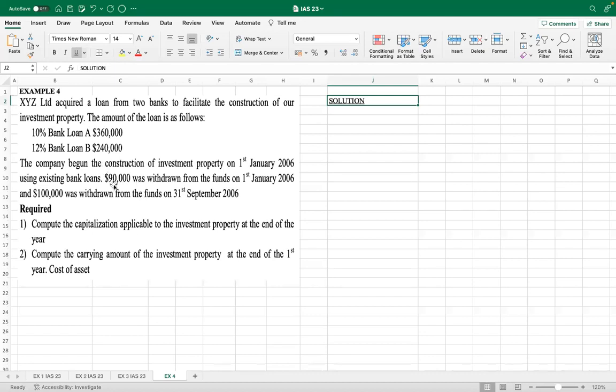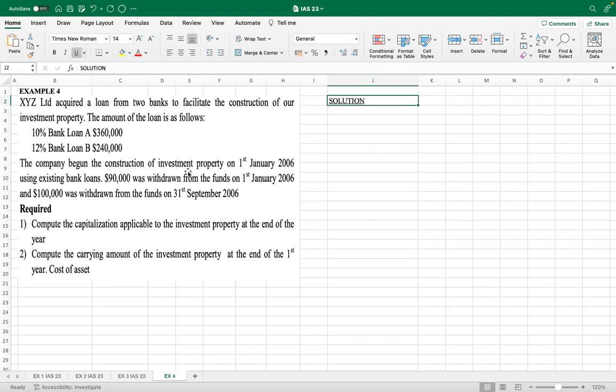Now, you have not been told where these 2 sources of funds were got from, yet we borrowed 2 loans. So what we are sure of, it was part of these 2 loans, but we don't know if it was removed from loan A or it was removed from loan B. I hope we are together.